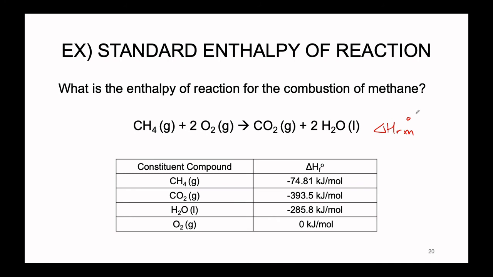So in the table below, these values I pulled from Appendix 2 in our text. Methane in gaseous form has an enthalpy of formation of negative 74.81, which is found here in our chemical reaction. Carbon dioxide in gaseous form has an enthalpy of negative 393.5 kilojoules per mole, and that's right there.